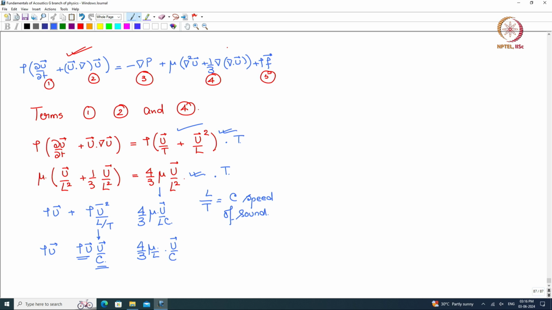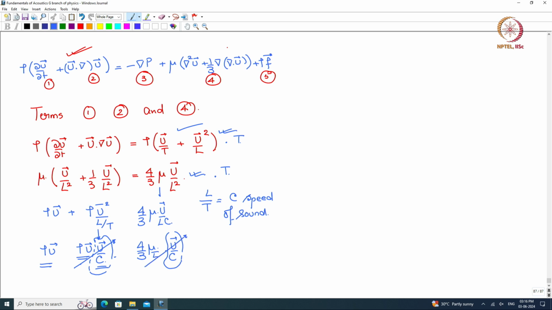Now I am going to drop those terms that contain u bar by C in comparison to the others. This has rho u bar and this has rho u bar, and this term I am going to drop. Similarly, I am going to drop a term which has u bar by C in it, because we have said in the beginning that it is much smaller than 1.